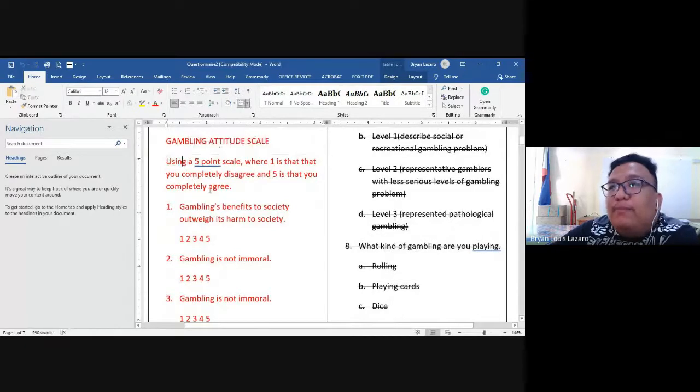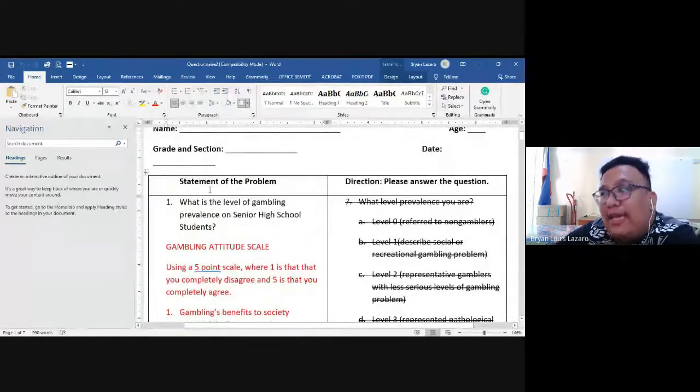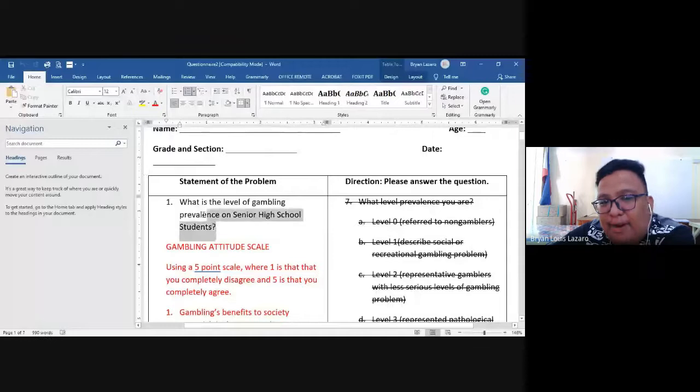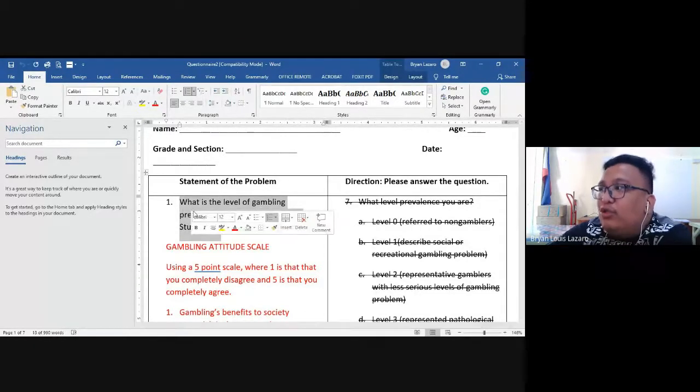Pag nagsulat ka ng chapter 3, results, no? Ang unang-una mong ilalagay ay yung problem. O, nilagay mo na yung problem number 1. Nilagay mo na yung tanong na yan. Ang susunod dito ay yung table number 1. What is your table number 1?